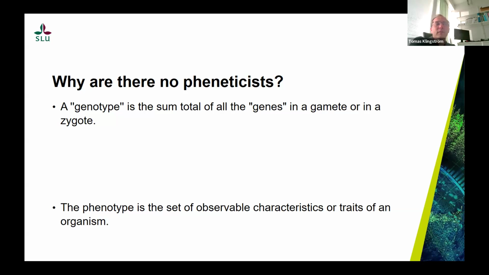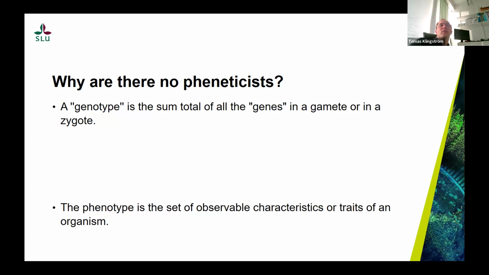Wilhelm Johannsen introduced the concept of a genotype, meaning all these inheritable factors that you could transmit from generation to generation. And the phenotype is the set of observable characteristics or traits of an organism.